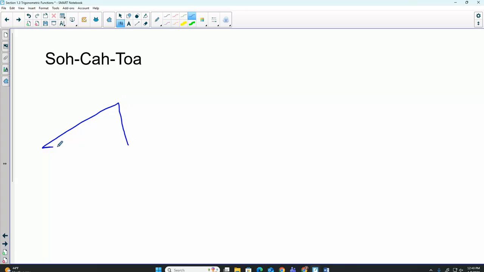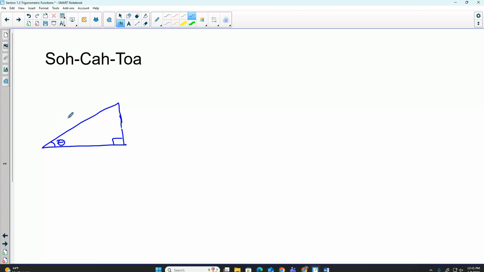Okay. The trig functions, they have to have a right triangle, so we'll always have a right angle in here. And if you're doing a trig function, you always have to have an angle that you're looking from. So let's say this is my angle theta. That's my viewpoint from there.